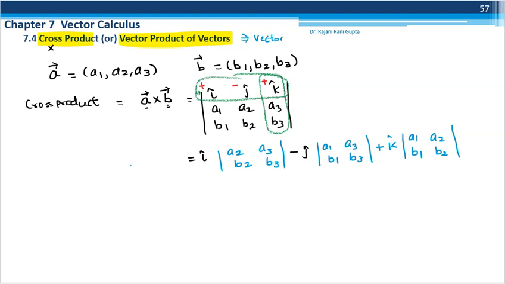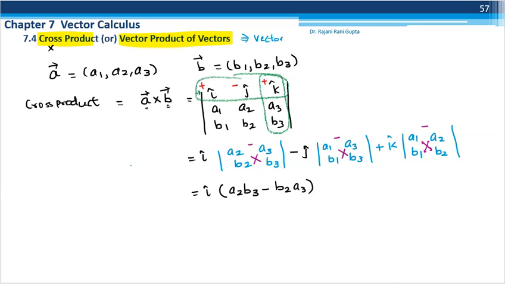Now, when we are expanding this determinant, we basically cross multiply and put the sign of minus. It's always minus: cross multiply the terms and put the sign of minus. So this gives you i times (A2 B3 minus B2 A3).